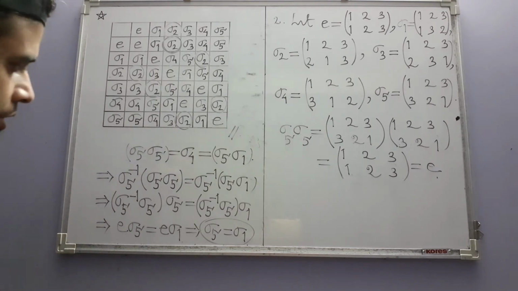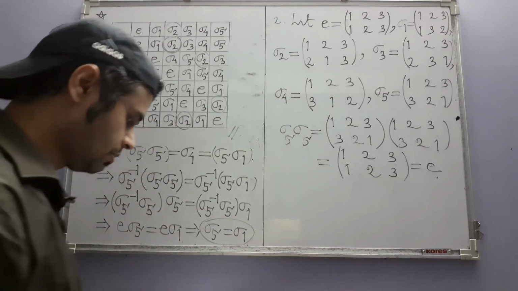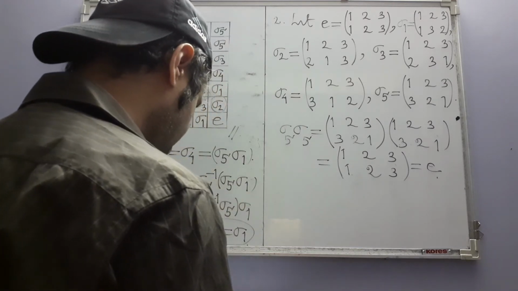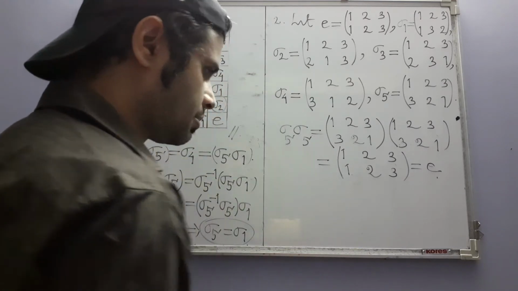There is a name for this property. There are two such properties, the cancellation laws. We will see those things.